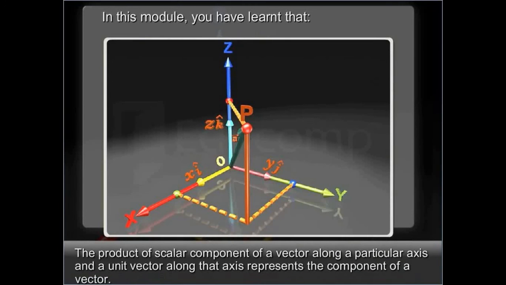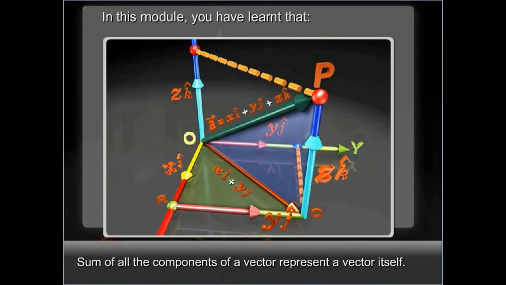The product of the scalar component of a vector along a particular axis and a unit vector along that axis represents the component of a vector. The sum of all the components of a vector represents the vector itself.